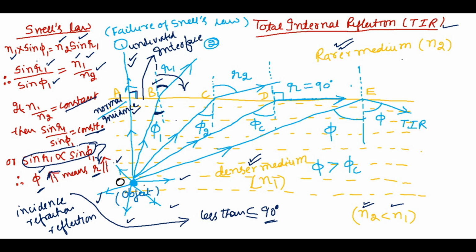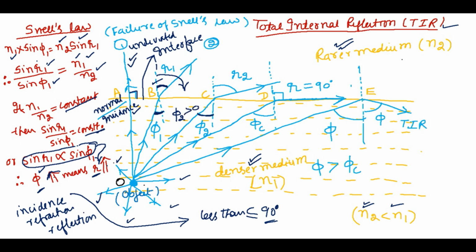Now consider this ray which is traveling in the denser medium in such a way that it will strike at the interface on point C, and the point C is farther as compared to point B. Since it is farther, the angle of incidence that it makes at C, that is phi 2, is greater than phi 1.